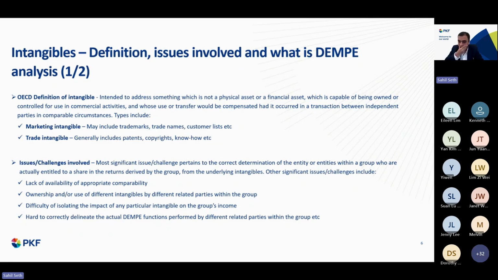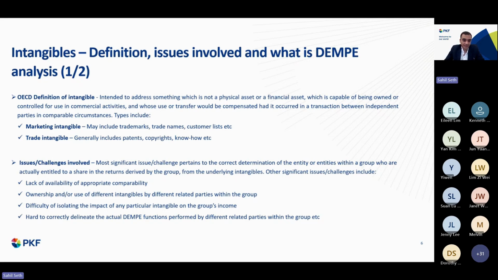And then I would say maybe this is the fourth one, but it's also very, very important because it's related to the DEMPE functions which we'll be discussing in the next slide: how, first of all, to map the DEMPE and which entity within the group or the related parties, if there are 10, 20, whatever, is doing the DEMPE.